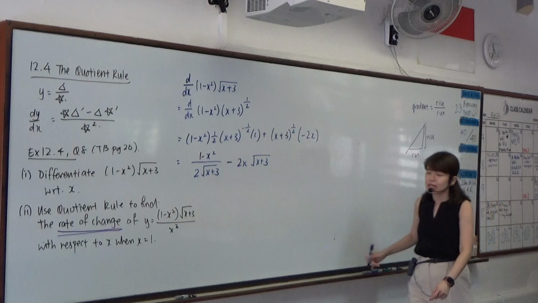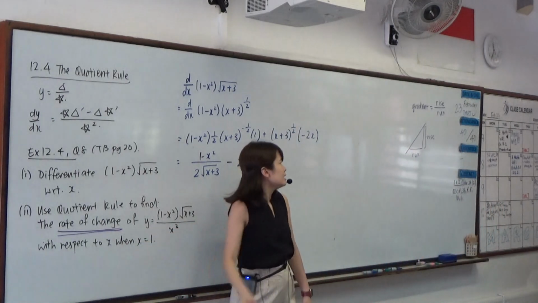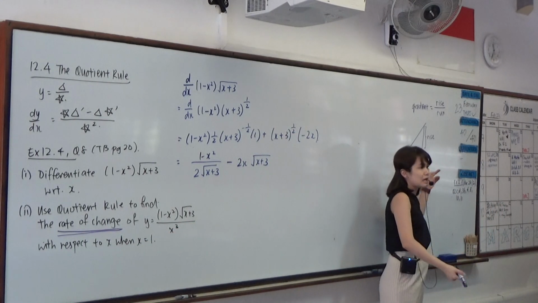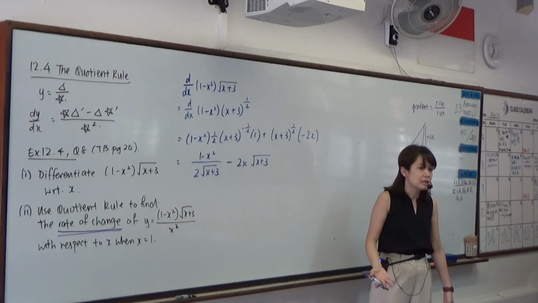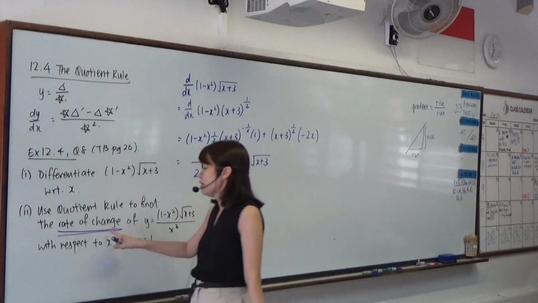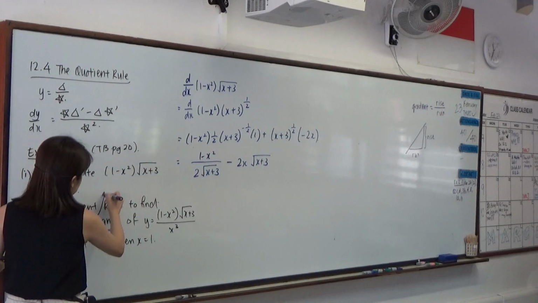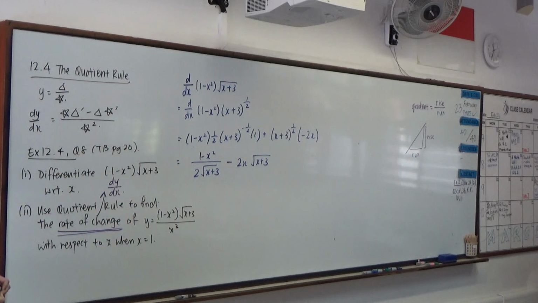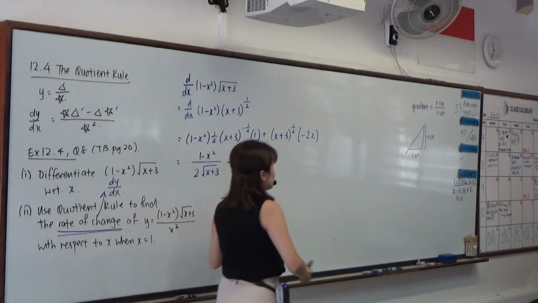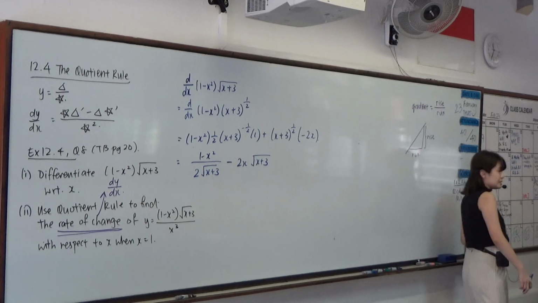So the idea of rate of change is somewhat similar to the gradient itself. We're changing the y values with respect to the change of the x values. So that's why rate of change has the same meaning as finding dy over dx. So it's just different ways of conveying similar ideas.